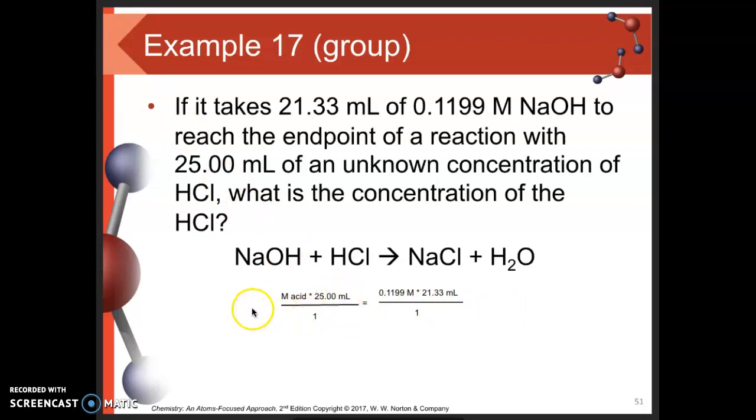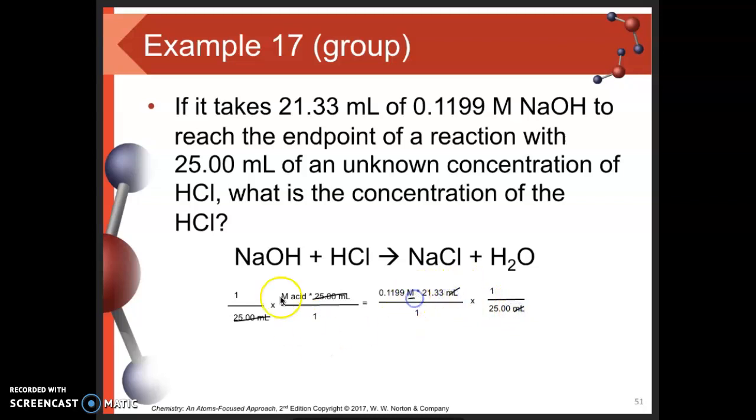And so if I do that, 1 over 25.00 mils times this fraction, times 1 over 25.00 mils. My 25 mils cancel on the left side. My milliliters cancel on the right side.